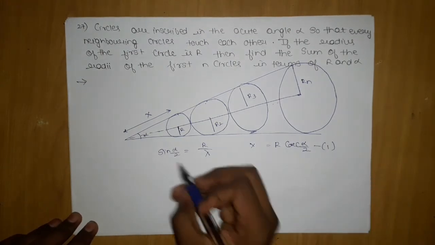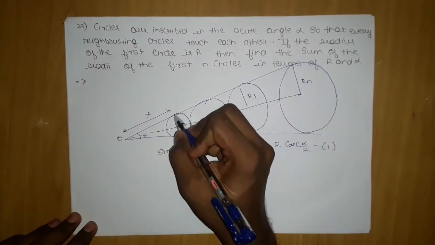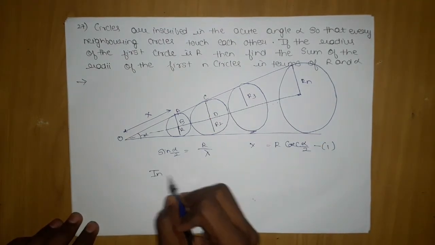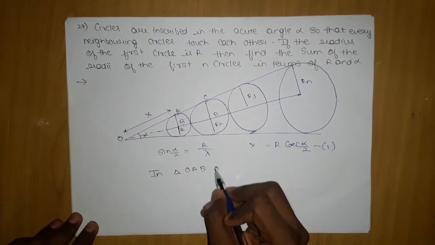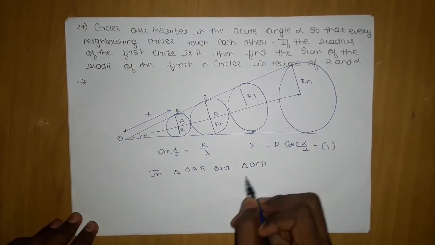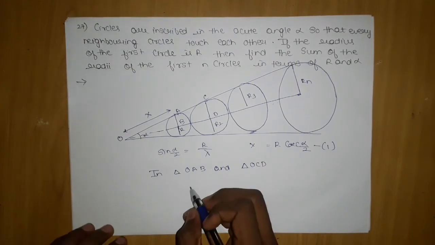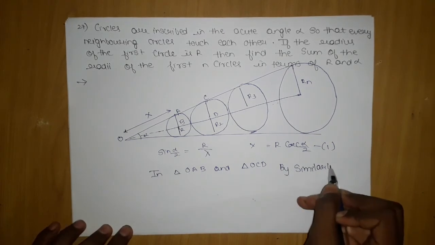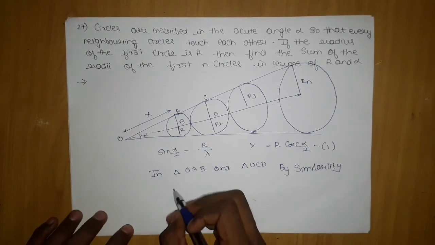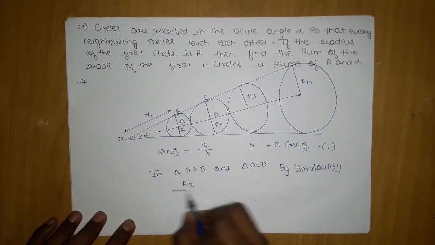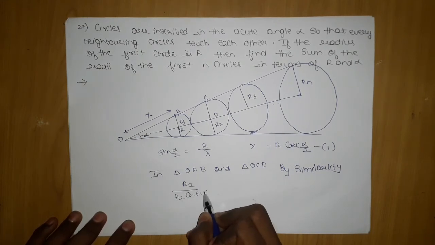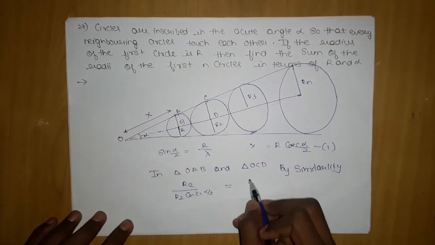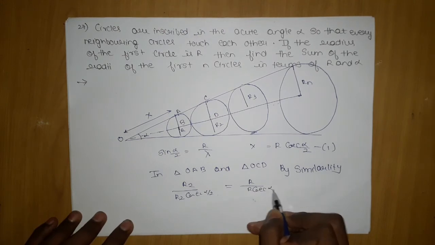Keep it as 1. Now if I say O, A, B and this as C and D. Now in triangle OAB and triangle OCD, by similarity we can say, this type of diagrams always use similarities, so you should be well prepared for that. r2 upon r2 cosec alpha by 2 should be equal to r upon r cosec alpha by 2.